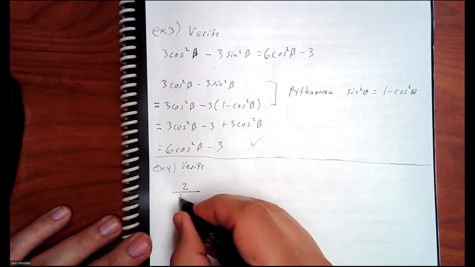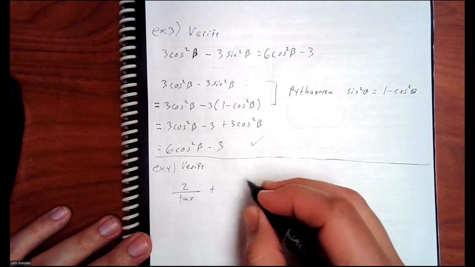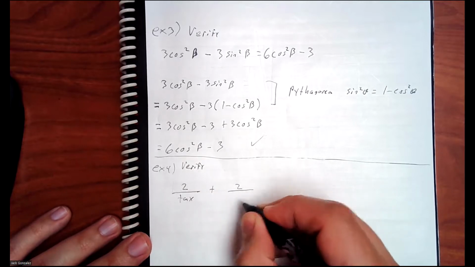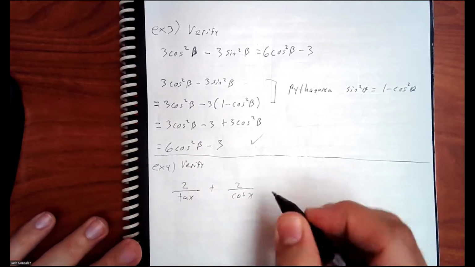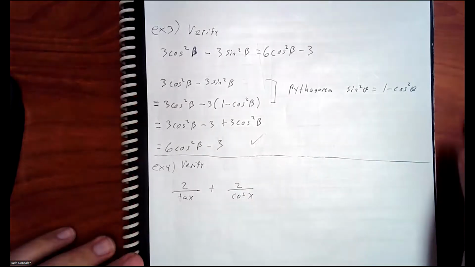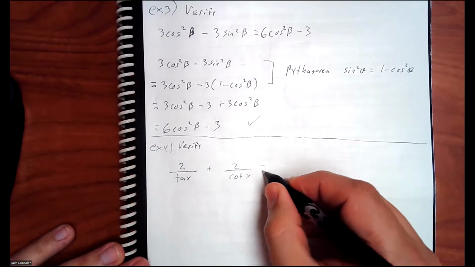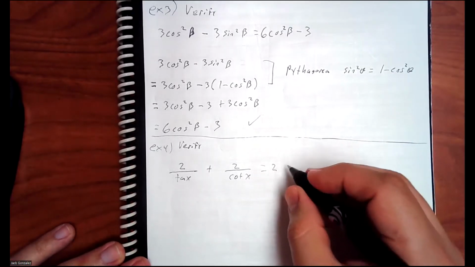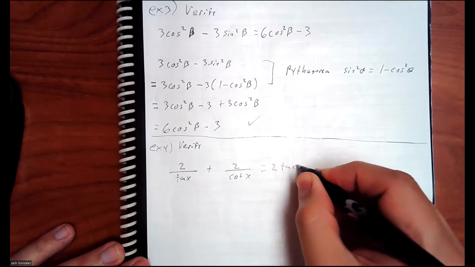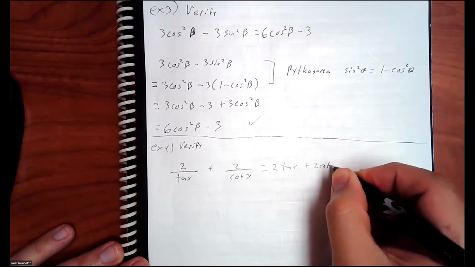All right, 2 over tan x plus 2 over cot x. Is this equal to 2 tan x plus 2 cotan x?